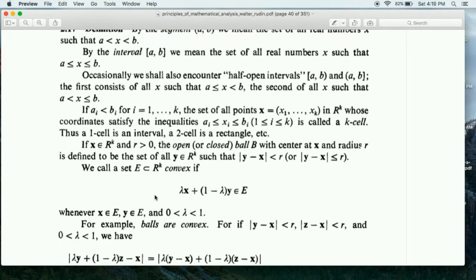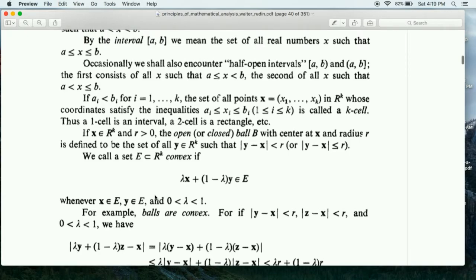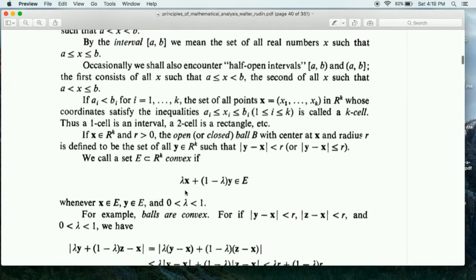Now, a set is called convex if this happens. For any 2 points x and y in the set, the point lambda x plus (1 minus lambda) y on the line segment belongs to E, for lambda belonging to the open interval (0, 1).